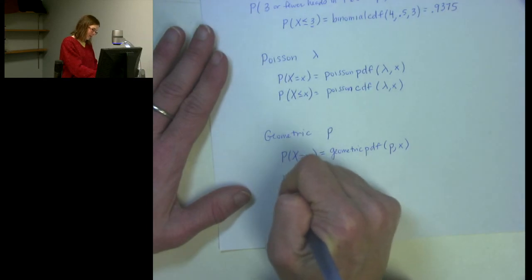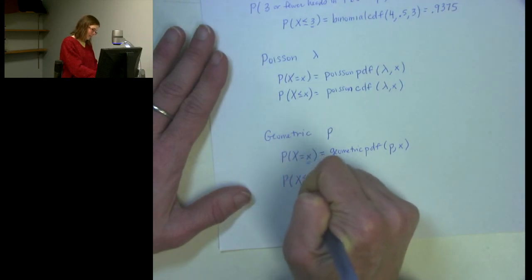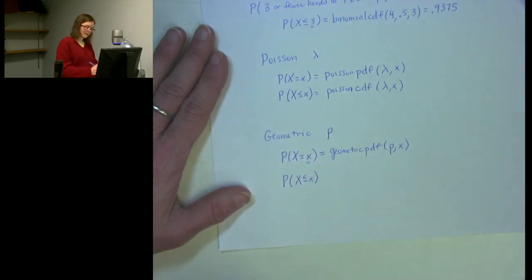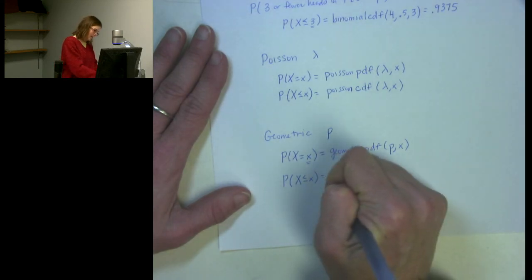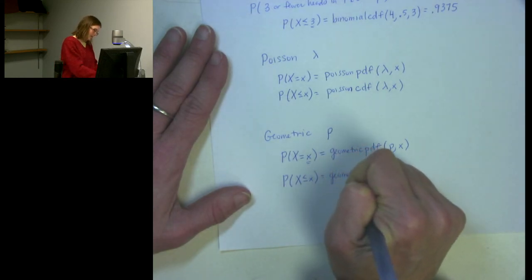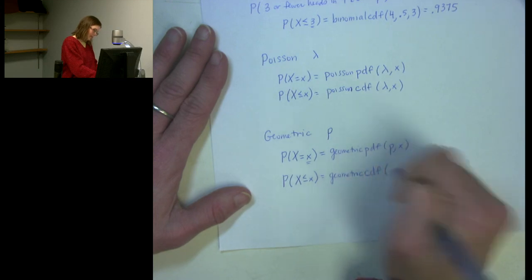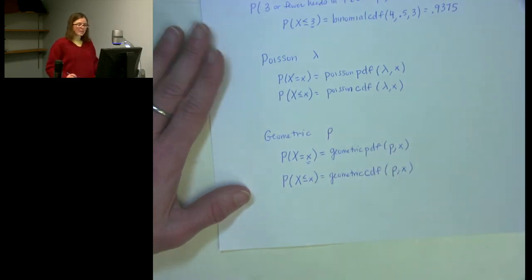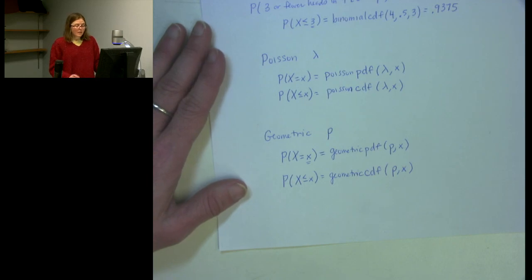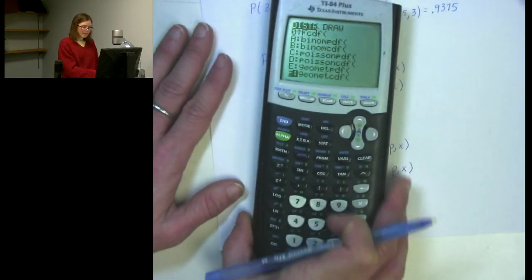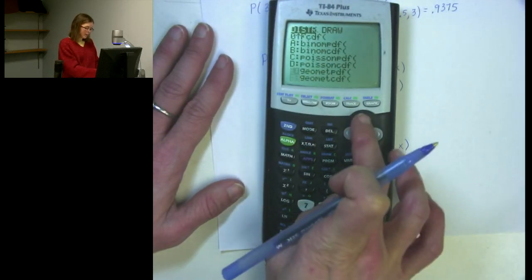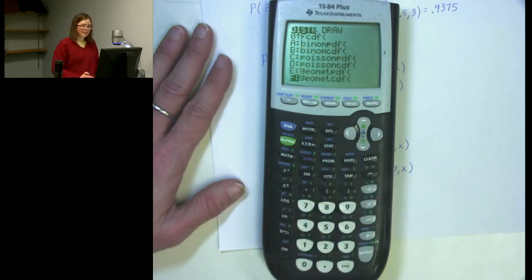And if we want to find the probability that x is less than or equal to a value, little x, we're thinking cumulative, so CDF, and we enter again our P, probability of success on a trial, and our x. And again, you can see there, just scroll around in here. There's the geometric PDF and the CDF.